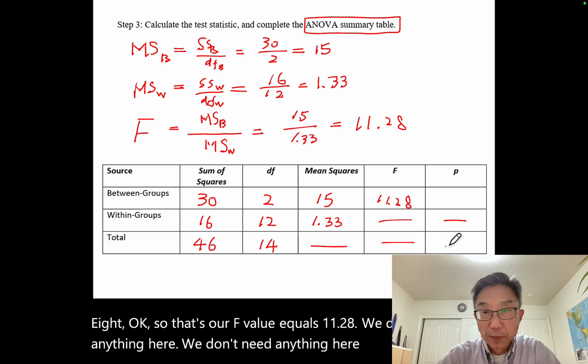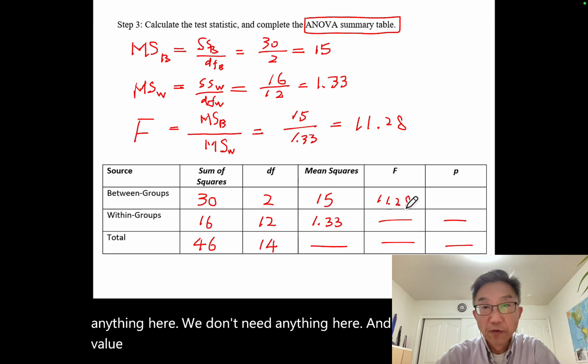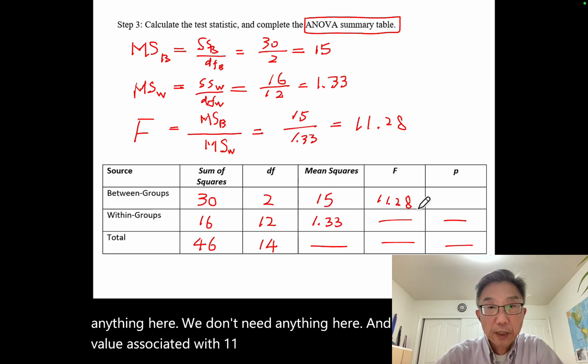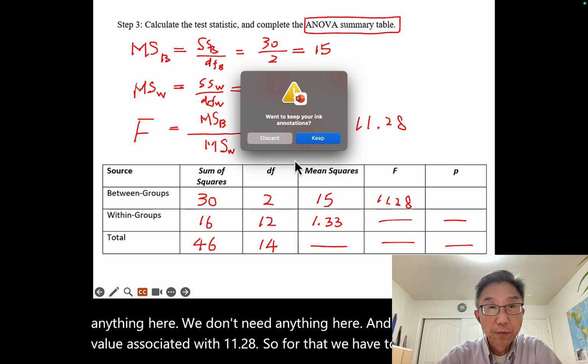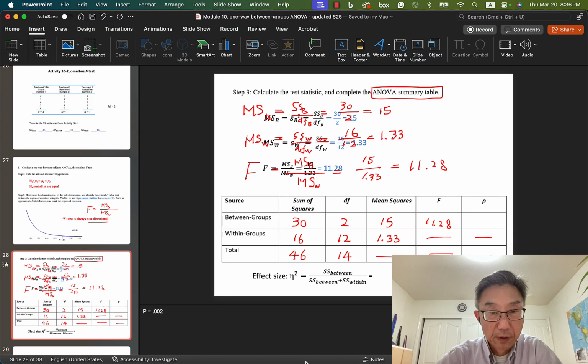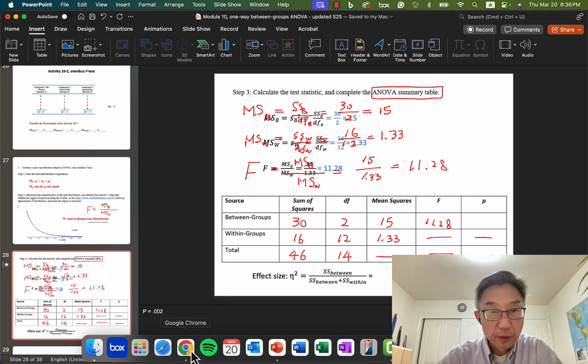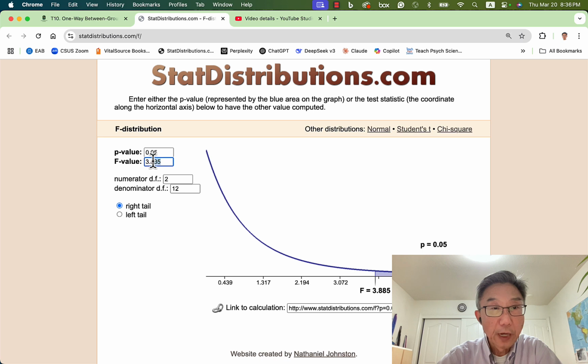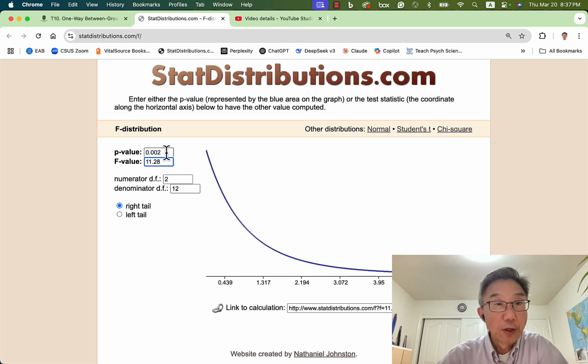And then there's a p-value associated with 11.28. For that, we have to go back to the F distribution. We're going to switch back to this distribution. So if you type in the F value, 11.28, this website gives you the p-value, 0.002.